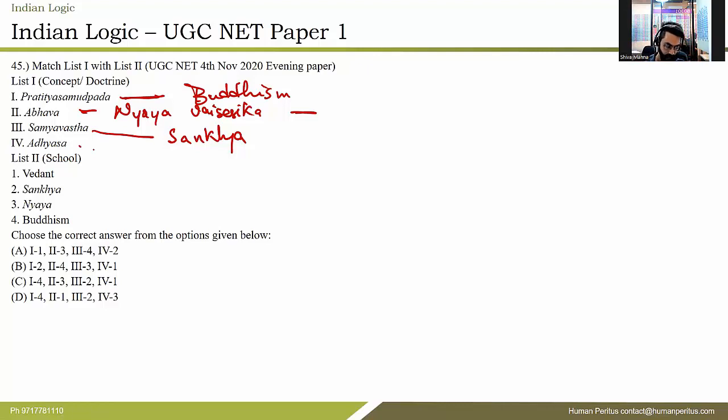Now, Adhyasa belongs to the Vedanta school, and it is simply superimposition in terms of mistaken attributes on something which is essential in nature. For example, there are 3-4 things superimposing on each other, and then they form one piece of knowledge. It is the apparent presentation of attributes of one thing in another. Okay? So the correct answer is C.